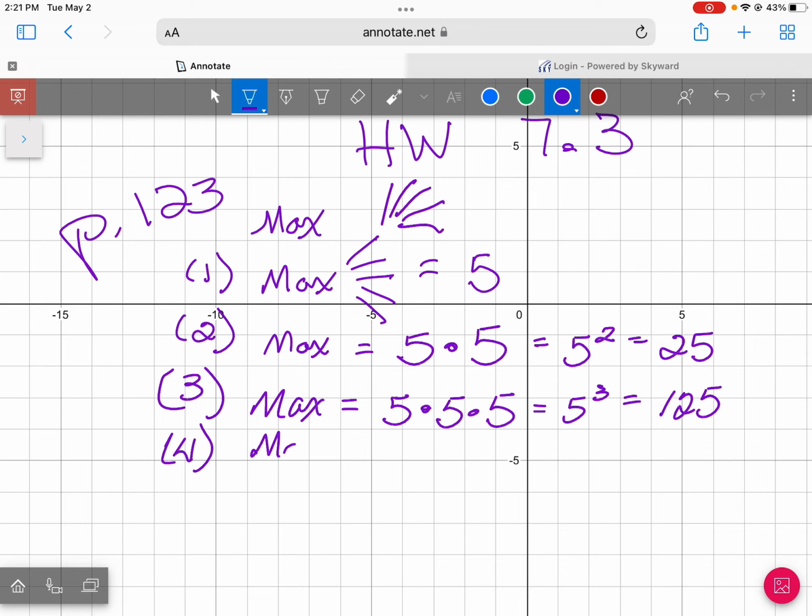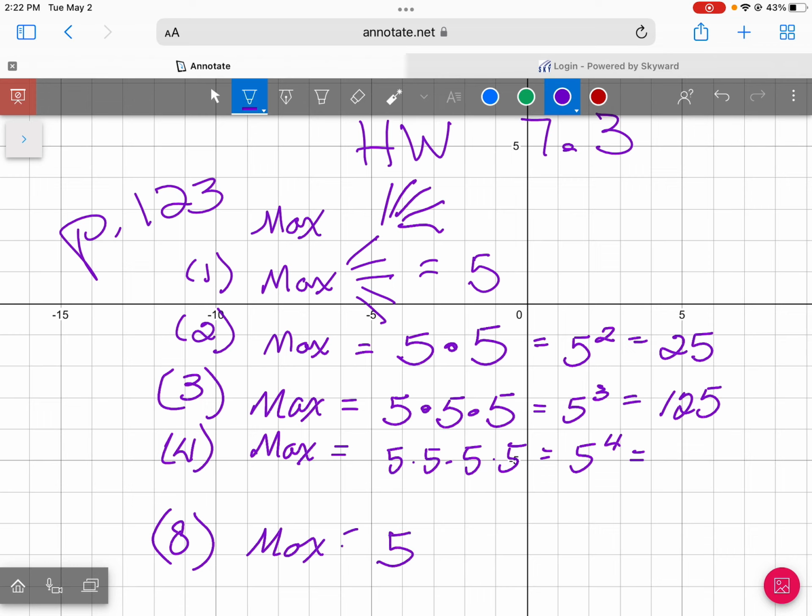Fourth, how many friends, where is he at the 4th round? How many people will supposedly be sending him money? 5 times 5 times 5 times 5, or since it's the fourth round, 5 to the fourth power. Okay? By the time we get to the 8th round, Max is going to be at the top, right?